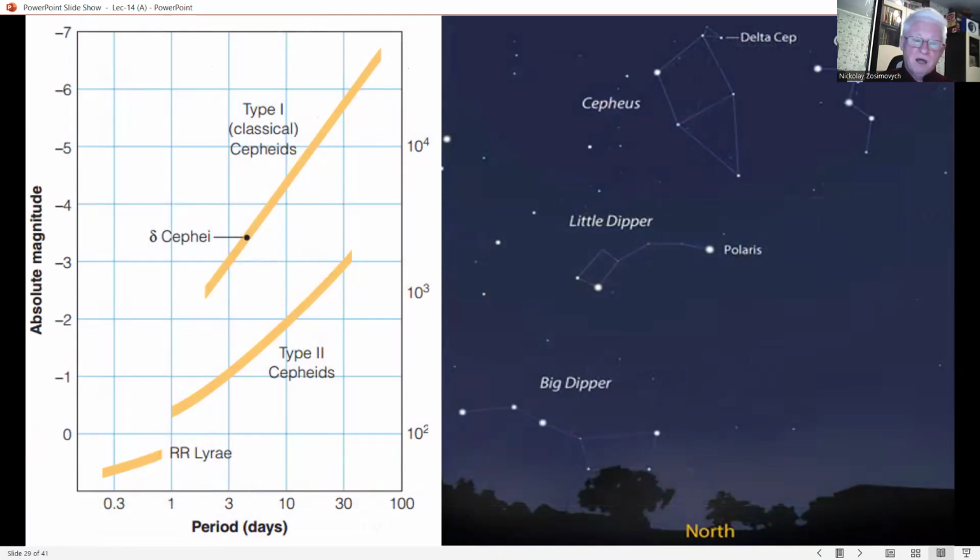All stars move through space. I hope you remember this. And over periods of a few years, these motions, known as proper motions, can be detected as small shifts in the position of the stars in the sky. The more distant stars have undetectably small proper motion, but nearer stars have larger proper motion.